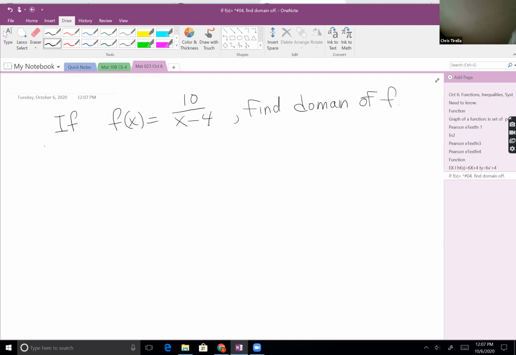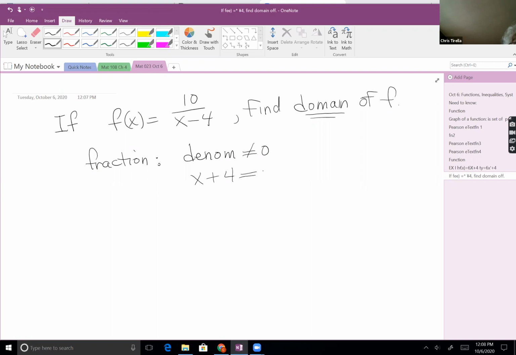And so as I look at that function, does everybody see that I've got a fraction? And when I have a fraction, when I'm wondering about the domain, what I worry about is that the denominator cannot equal 0. Well, my denominator is x plus 4.